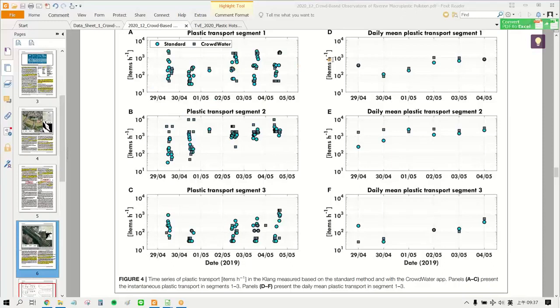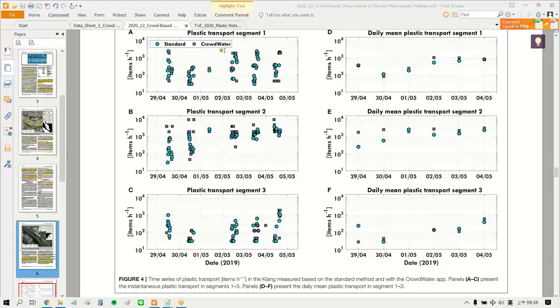At the right side, it's a daily mean plastic transport segment. They combine all the samples within 1 day into one number. But there are 2 different methods they used in this paper. The light yellow circle is standard, and the gray square is crowd water, which used a simplified method by the mobile app.